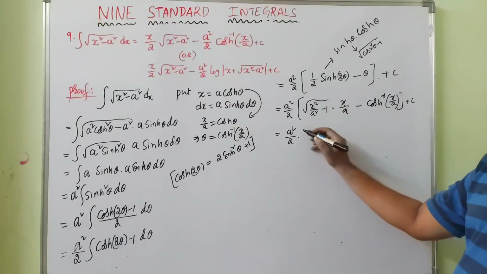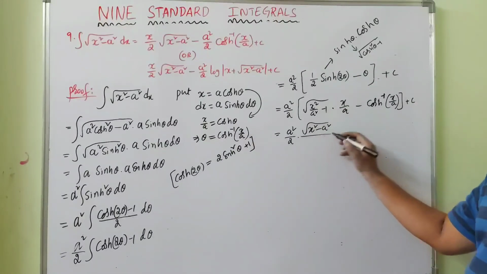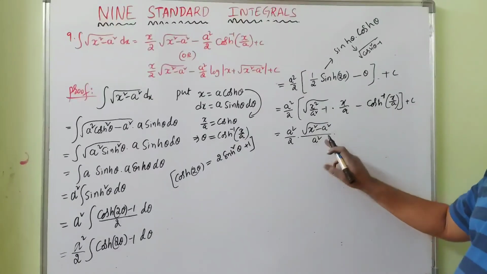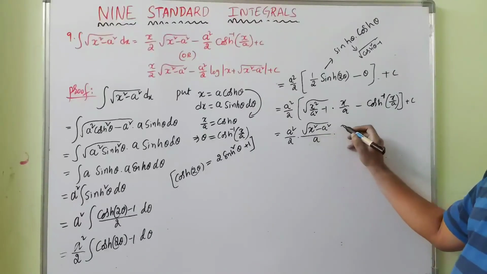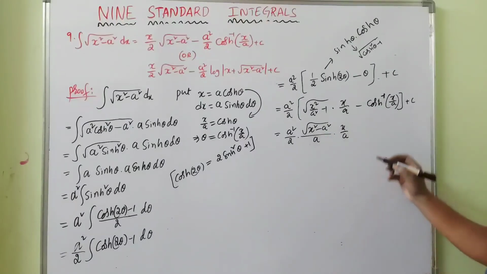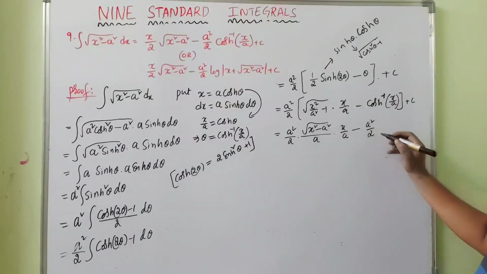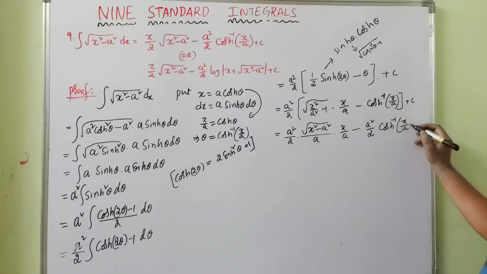Now a square by 2 is for both terms, so multiply with both terms: a square by 2 into, take LCM here, you will get x square minus a square by a square. Take a square outside the root, it becomes a, into x by a, minus, multiply a square by 2 for second term, a square by 2 cosh inverse of x by a plus c.